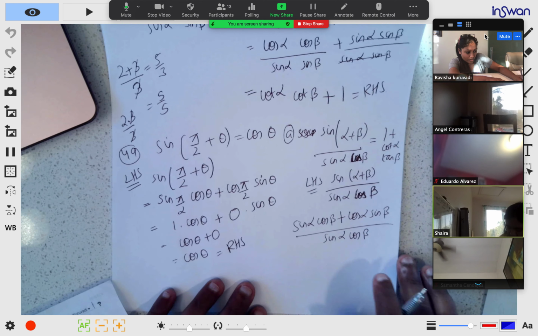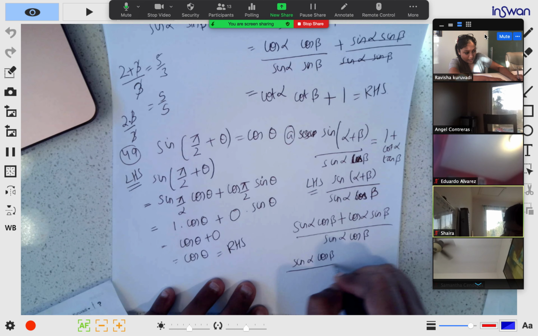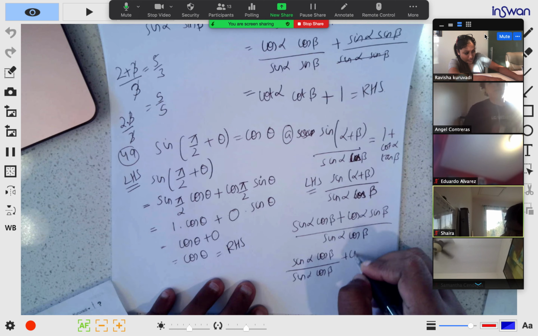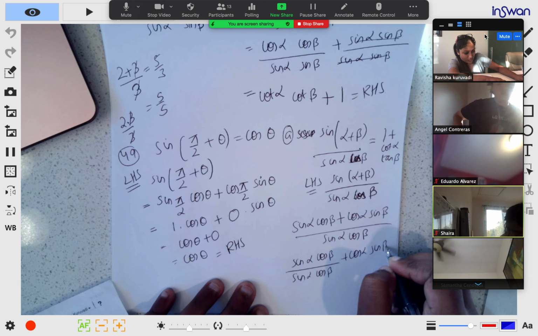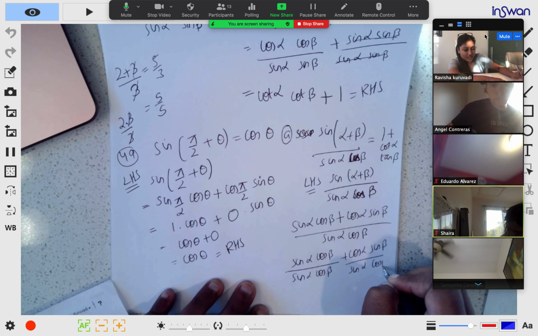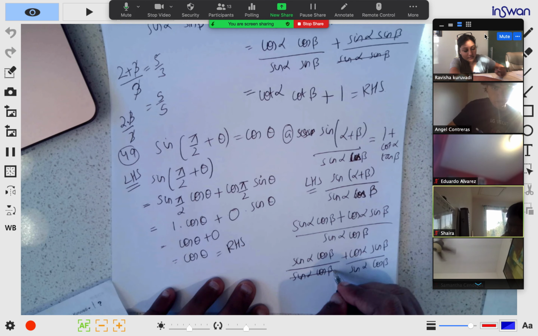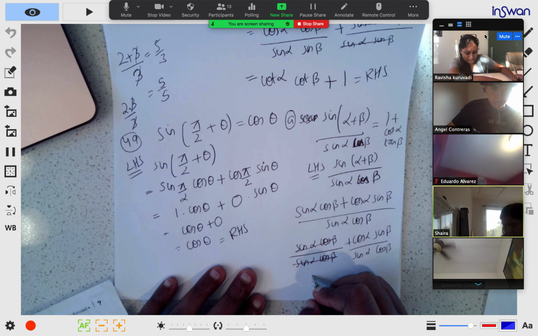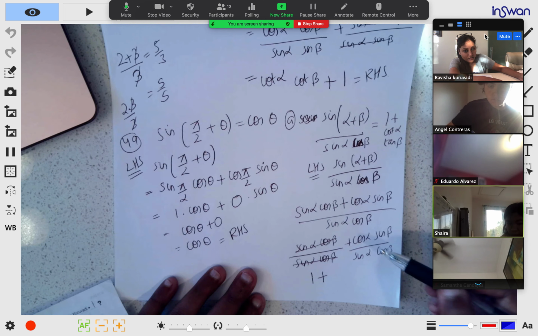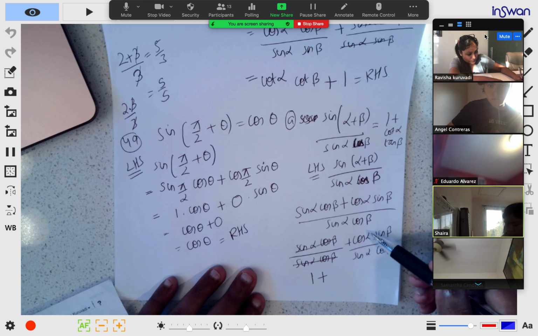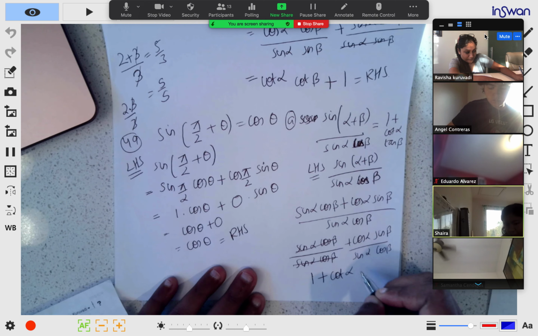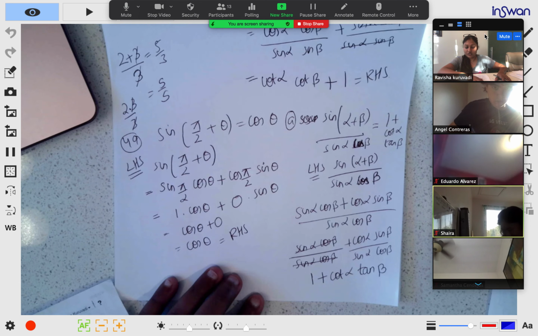You get sine alpha cosine beta over sine alpha cosine beta, plus cosine alpha sine beta over sine alpha cosine beta. These are exactly the same, so they cancel. You're left with 1 plus cosine divided by sine, cotangent alpha, and tangent beta. Really good, Shaira.